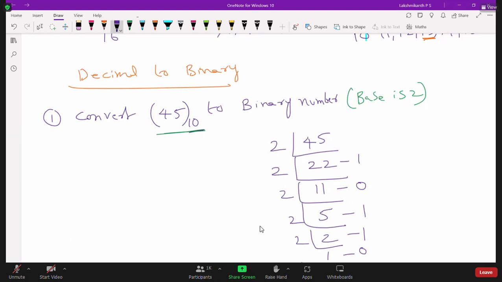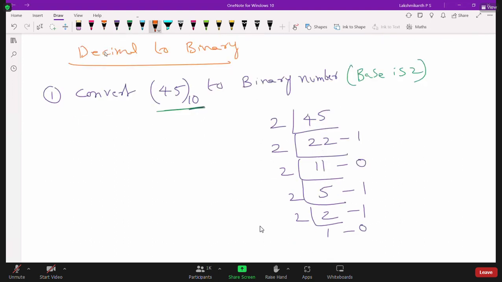Now you have to write the numbers from bottom to top. Like this you need to write, from bottom to top. So what can we say from this? 45 base 10 is equal to the binary number we got, 101101.